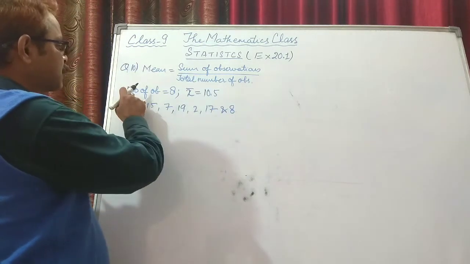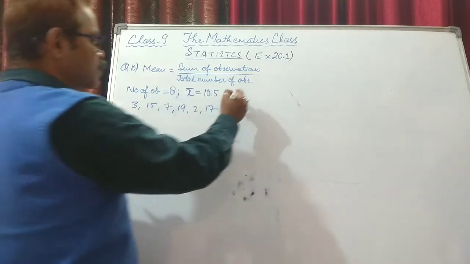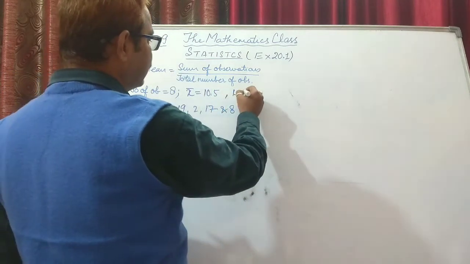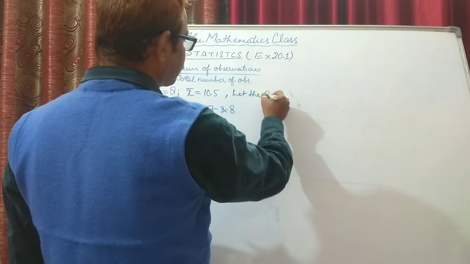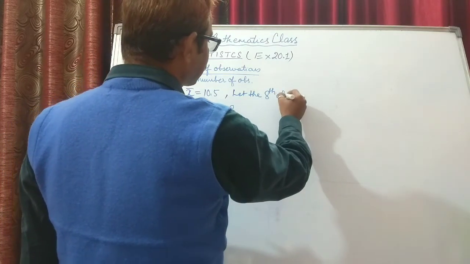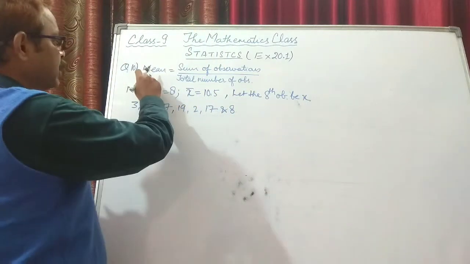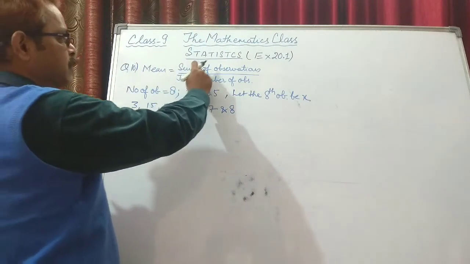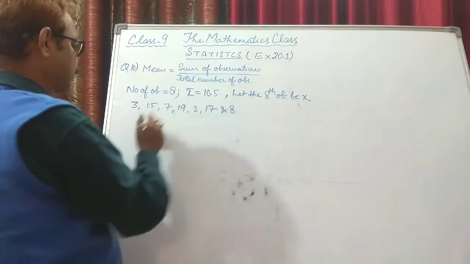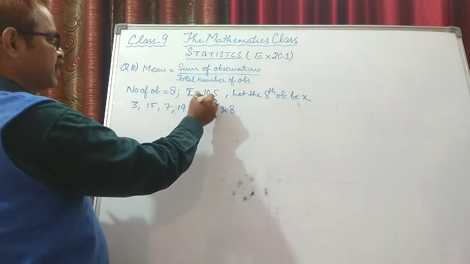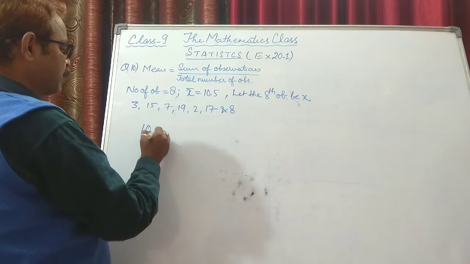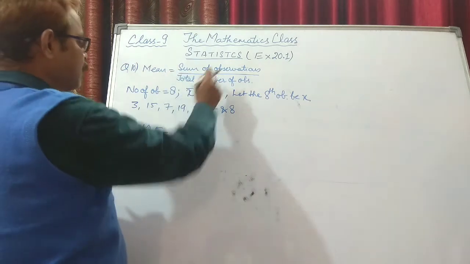Mean is given and they say the total number of observations is 8. So we will assume that the 8th observation be x. Now according to the formula, mean is equal to sum of observations upon total number of observations. The mean given to you is 10.5, equal to the sum of observations.